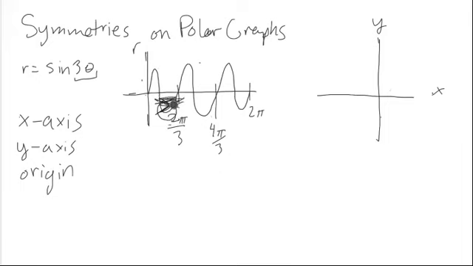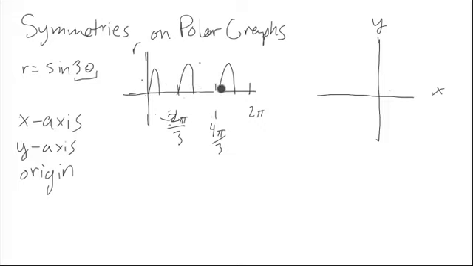We can just ignore that. Similarly, this is drawn over here pi away, and this is drawn over here pi away. And so really, our corrected graph, we just erase the negative petals because they're already being redrawn as positive petals. Okay, so that's what our graph looks like right now.